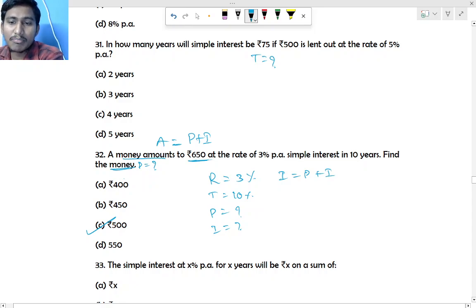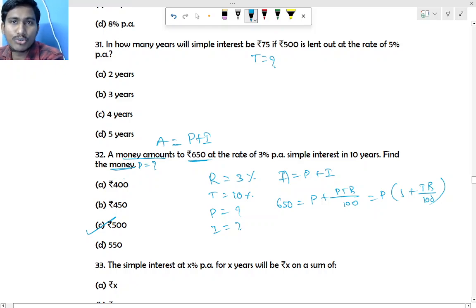So amount is given, 650 here. Rate of interest, how do we find? PTR by 100, right? So if you take P common, it will become 1 plus PR divided by 100. So P we have taken here. P into 1, P will come.